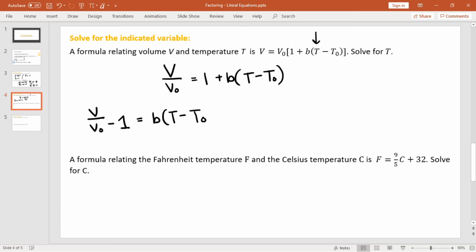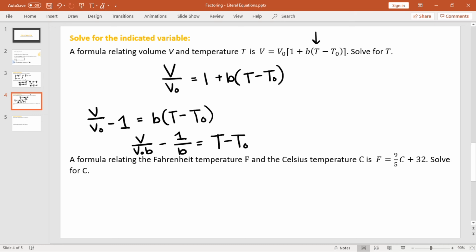Okay, let's divide everything by b. So just knowing our fractions, we'll turn that into this kind of thing. And now I've still got t minus t0.